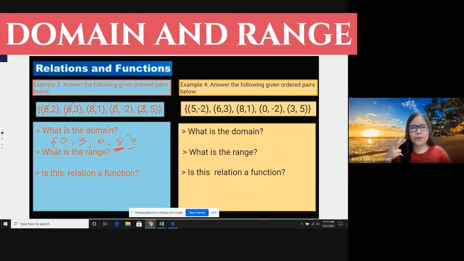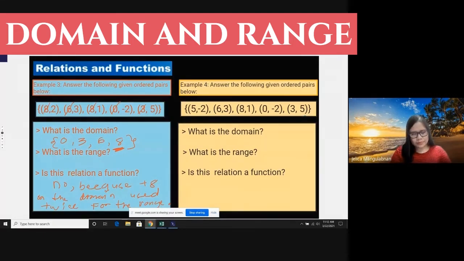So if you use the x value more than once, is it a function or not? Good job. It is not a function. Is the relation a function? The answer is no, because positive 8 on the domain is used twice. Any questions about that?